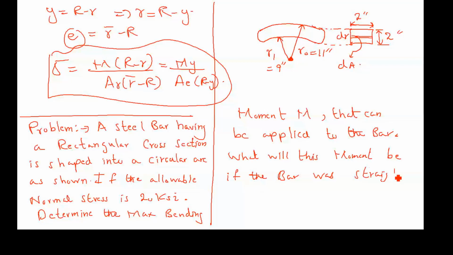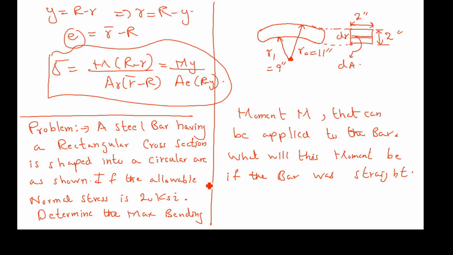So let me repeat the statement of this particular question: a steel bar having a rectangular cross section is shaped into a circular arc as shown. If the allowable normal stress is 20 ksi, determine the maximum bending moment M that can be applied to the bar, and what will this moment be if the bar was straight?